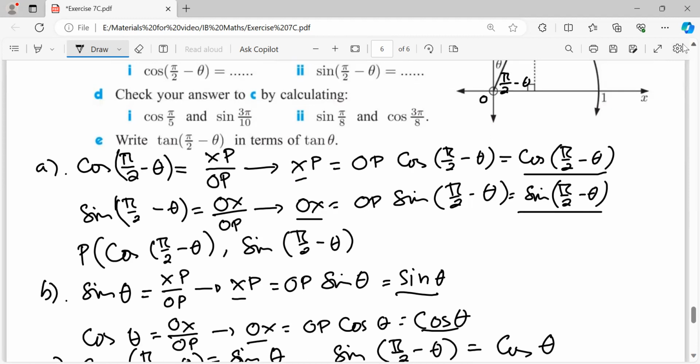D: check your answer to C by calculating. Oh, that's very simple.